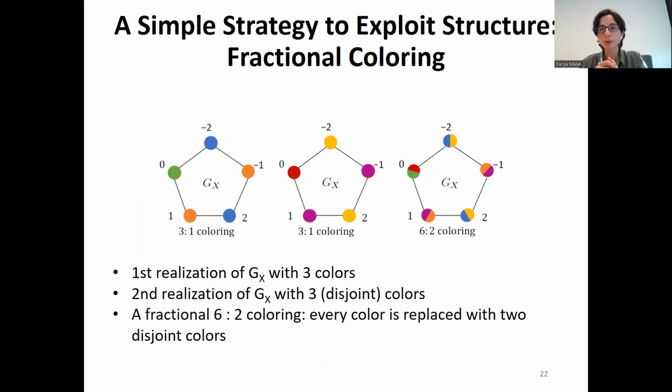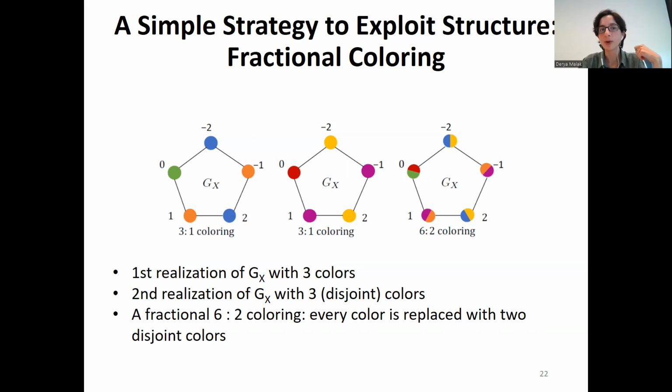Instead of assigning 1 color per vertex, I want to assign multiple colors per vertex. Let's consider the same example where I can do a 3x1 coloring, repeat it, and use a different set of colors: instead of blue I use yellow, instead of orange I use purple, instead of green I use red.